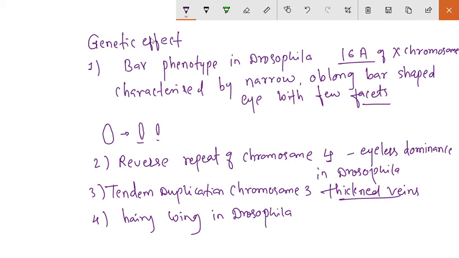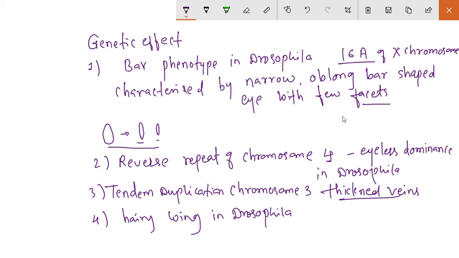So these are the different genetic effects shown due to the duplications. Okay, this picture, bar shaped phenotype in Drosophila due to the 16A chromosome, I will show you this picture in the next lecture. So there are the different genetic effects. Bar shaped phenotype of Drosophila: as the number of times this 16A is duplicated, it causes more narrowing. म्हणजे त्या ठिकाणी लांबट लांबट होत जातात.